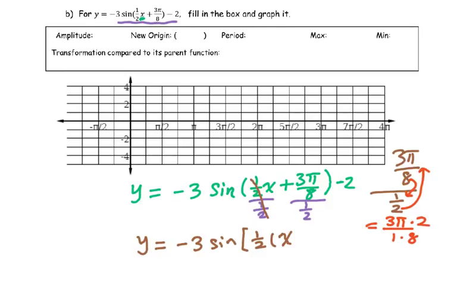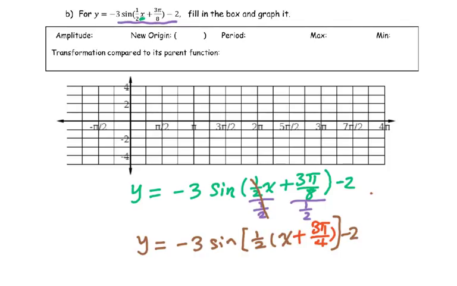You got 6 pi over 8, reduce. That will be 3 pi over 4. So we got plus 3 pi over 4, then minus 2. So we get A, B, C, and D.